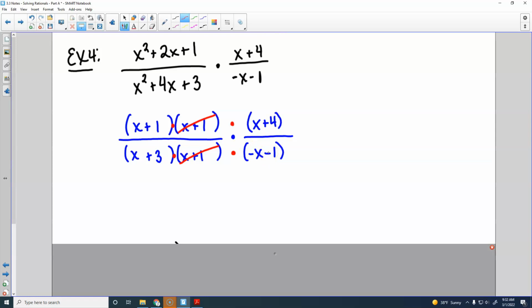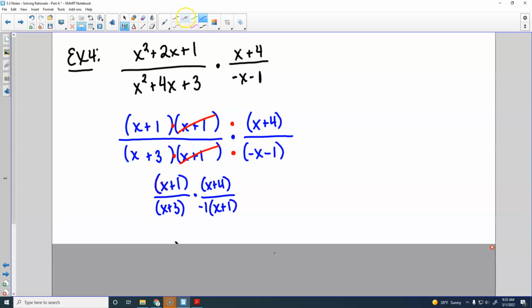Whenever you see that happening, when the signs are just backwards, otherwise they would cancel, but the signs are backwards. Here is something that you can do. So I still have this x plus 1 over x plus 3, and I've got my x plus 4. I can factor out a negative 1. So if I factor out a negative 1, that would give me x plus 1.